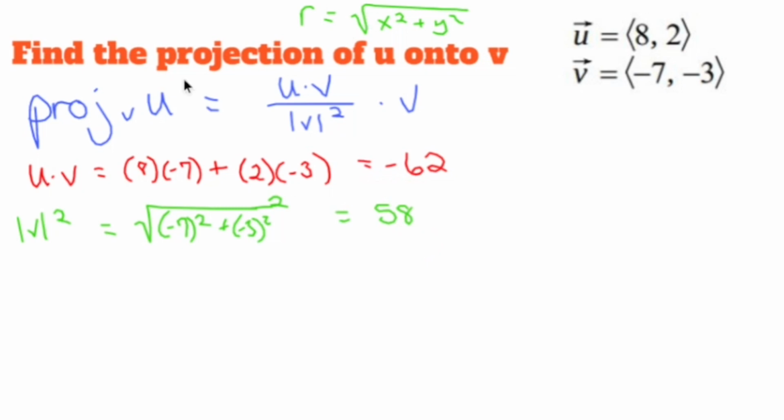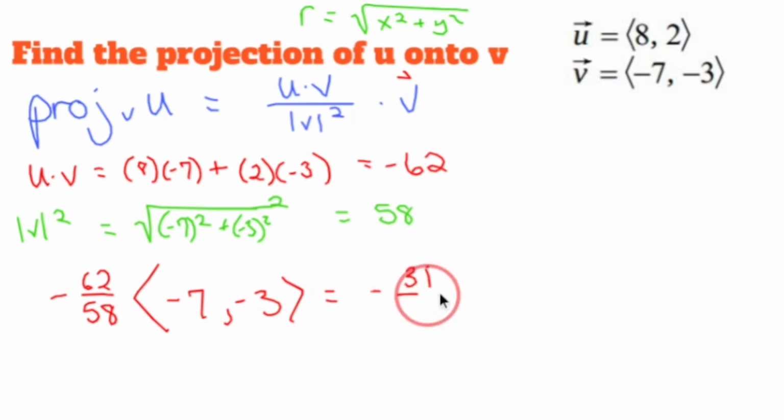All right. So now what I have is a fraction, and I'm going to multiply it to this vector right here. So I have negative 62 over 58 multiplied to the vector V, which is negative 7, negative 3. Negative 62 over 58 actually simplifies to negative 31 over 29.